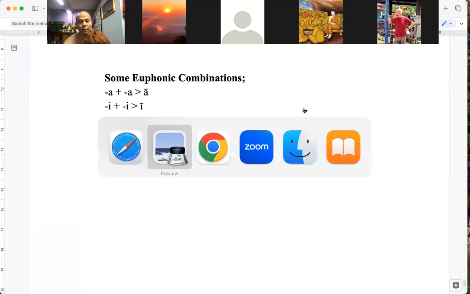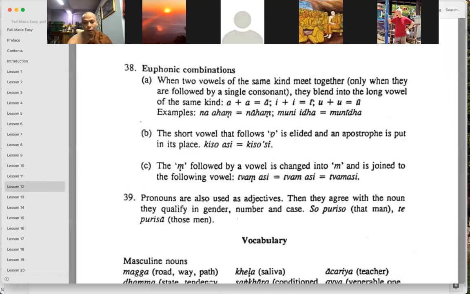And then another piece of information: the short vowel that follows O is elided, and an apostrophe is put in its place. Here kiso, that means the first word is ending in the O, and the second word is starting with one short vowel A or I or U. At that time, that A will be dropped and replaced by the apostrophe: kiso si.